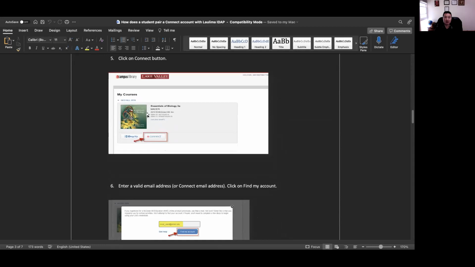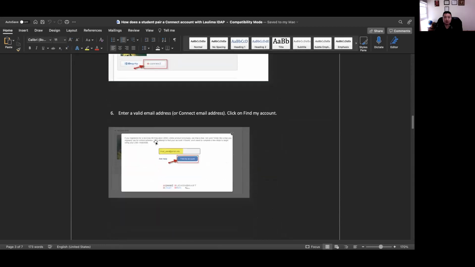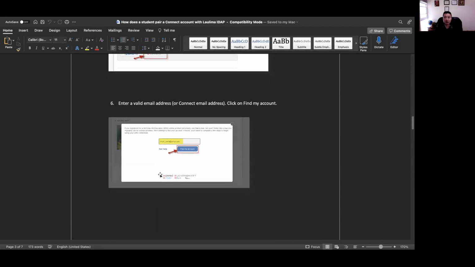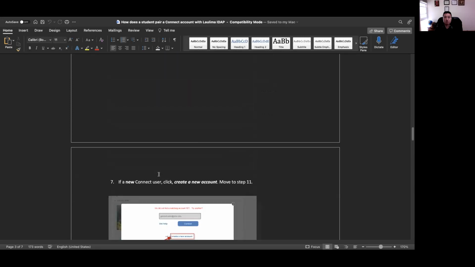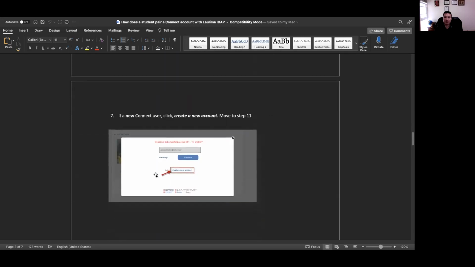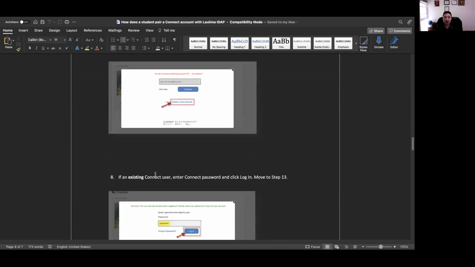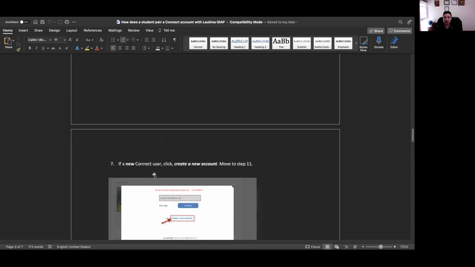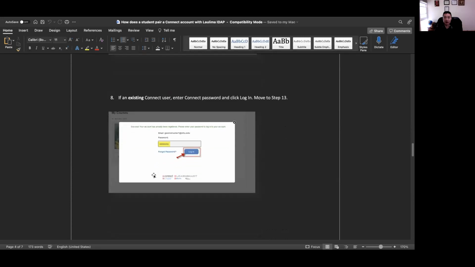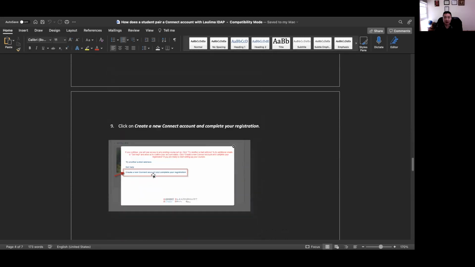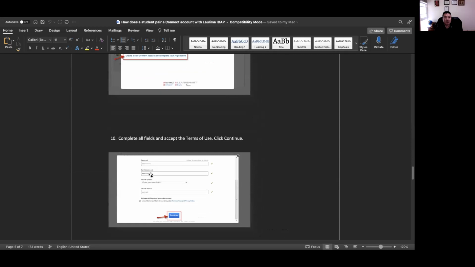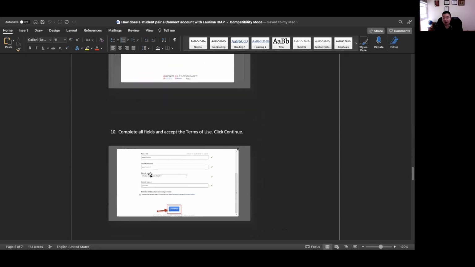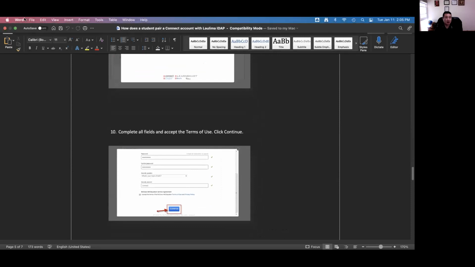This is just an example. You need to log in and create a new account, or if you have an existing account, you may just log in and go from there. Let me know if you have any problems getting connected with the website.